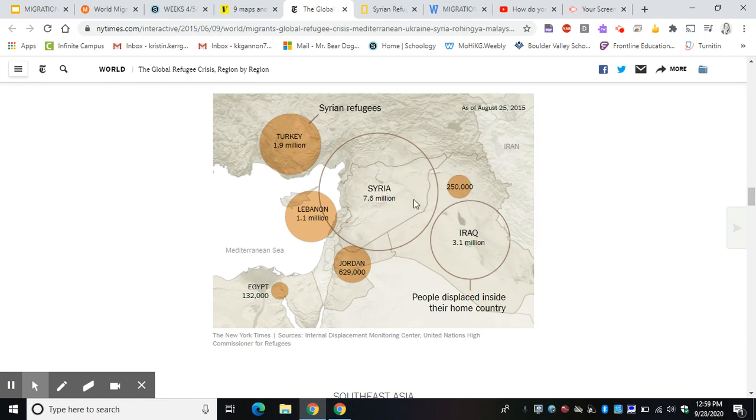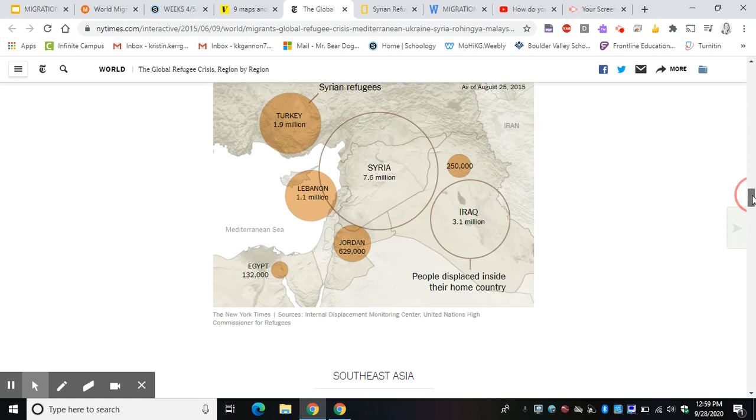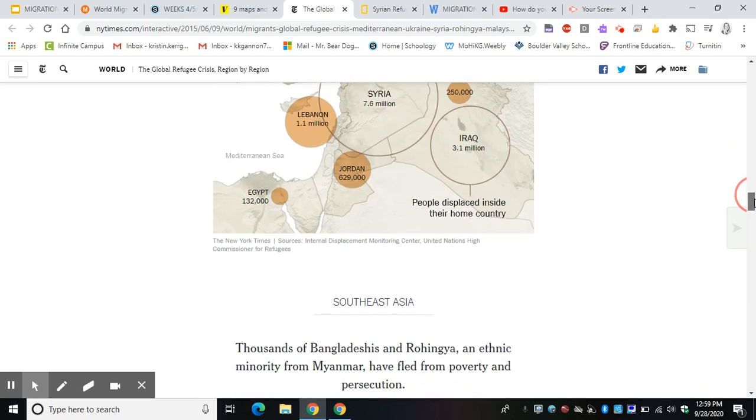This is actually where ISIS is. So Syrian refugees are finding that if they go east or north, they're going to run into dangerous rebel groups. Or if they take their chances trying to go across the Mediterranean Sea to get up to Greece, they risk drowning, which is what that video was about. So Syrian refugees are really caught right now in trying to find safety and where they might go.